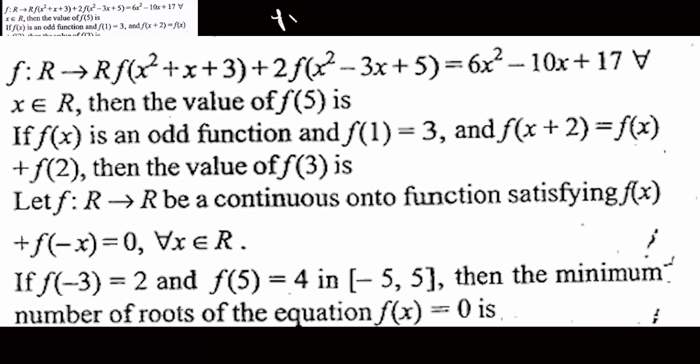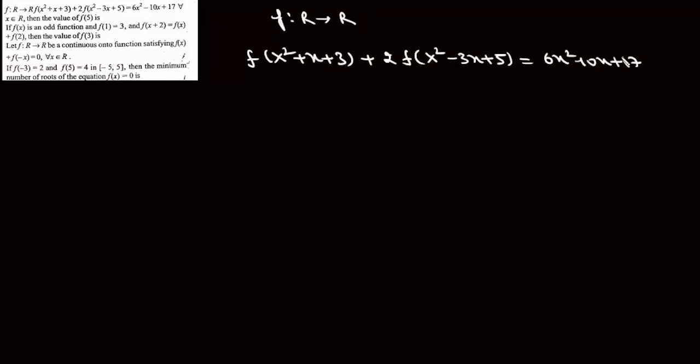Now the question is, we have defined a function from R to R such that f(x square plus x plus 3) plus 2 times f(x square minus 3x plus 5) is 6x square minus 10x plus 17 for all x belongs to R. We need to find the value of f(5).